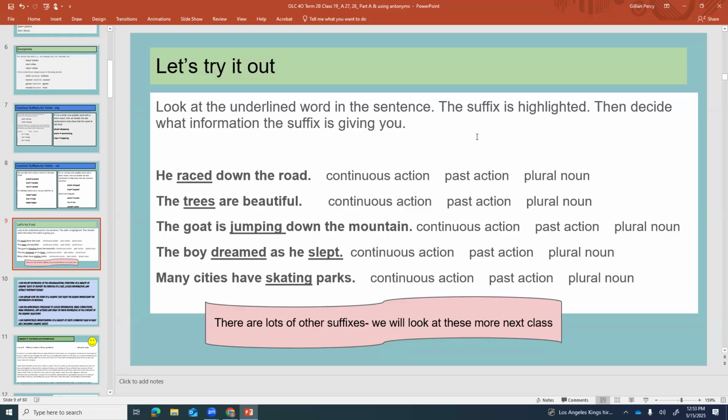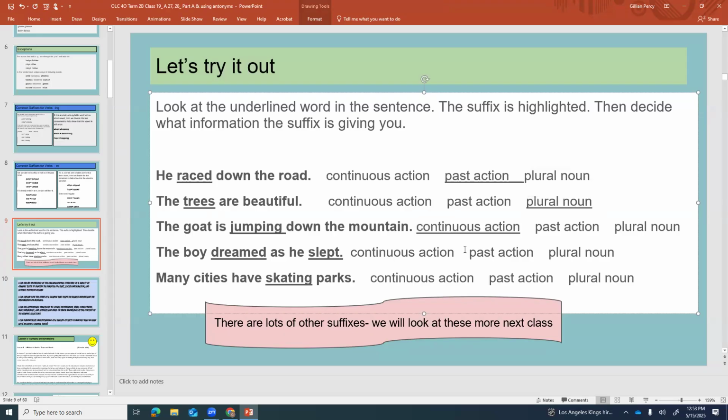He raced down the road. So ed tells us past action. Okay. The trees are beautiful. So trees are a plural noun. The goat is jumping down the mountain. So jumping is a continuous action.